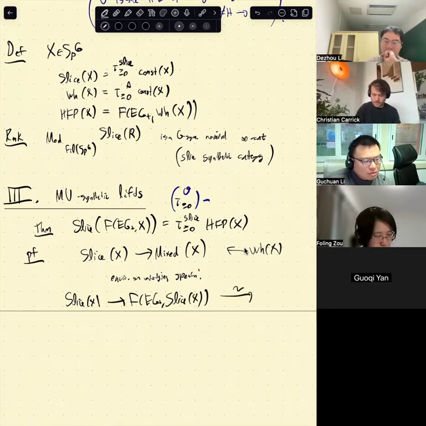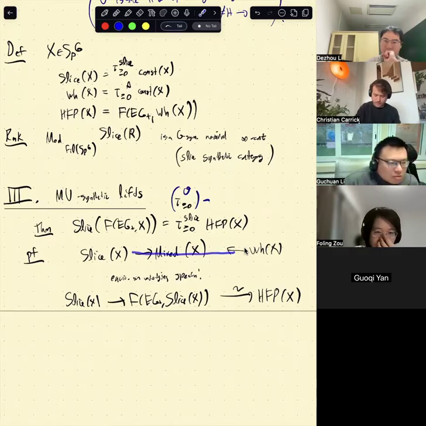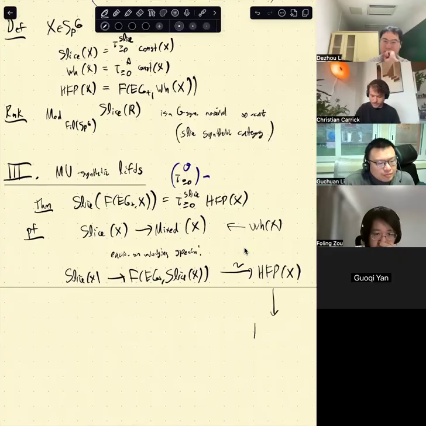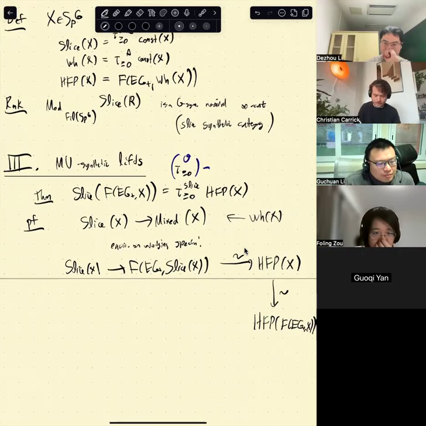And that's equivalent to the Borel completion of the Whitehead of X, because these maps are equivalences on Borel completion. And the Borel completion of this is the definition of the homotopy fixed point. Okay, and then this maps to the homotopy fixed point of FEG plus X, which is an equivalence. And this maps down to the slice of FEG plus X.